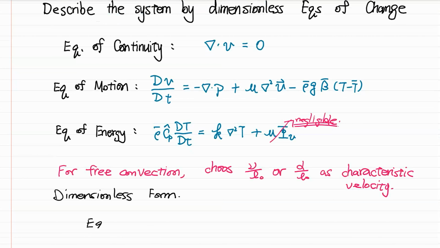The equation of continuity gives us the dimensionless gradient of the dimensionless velocity equals 0.